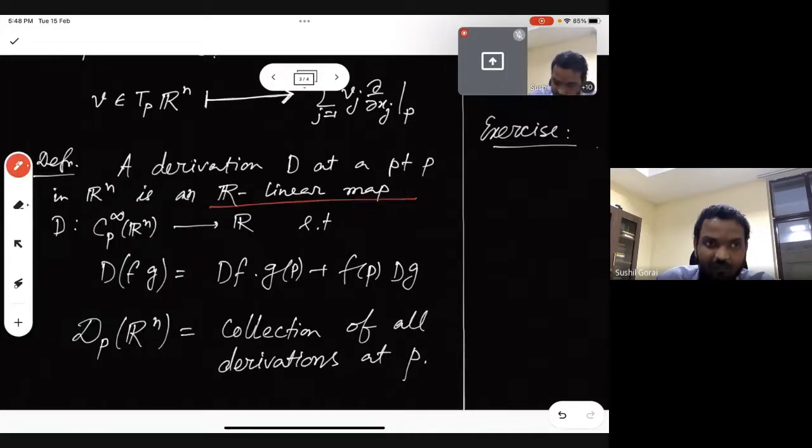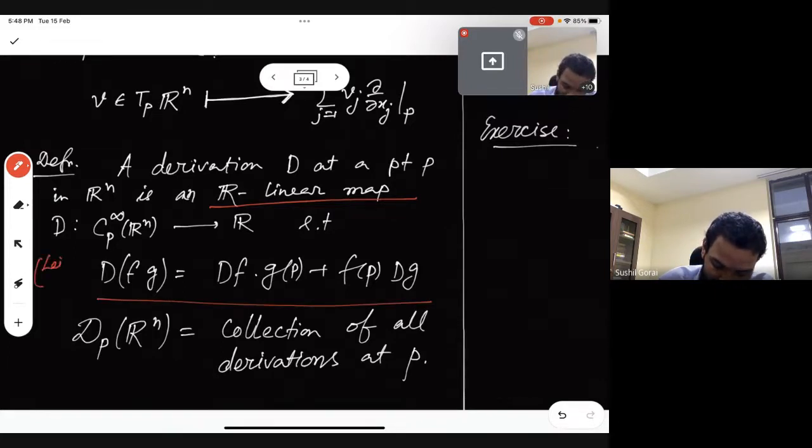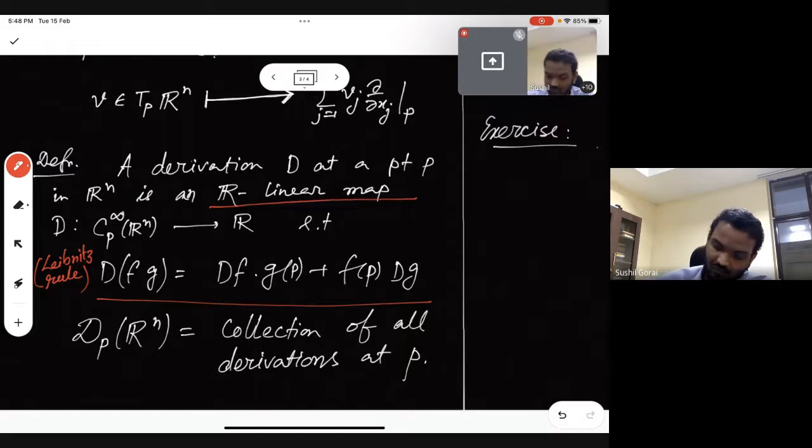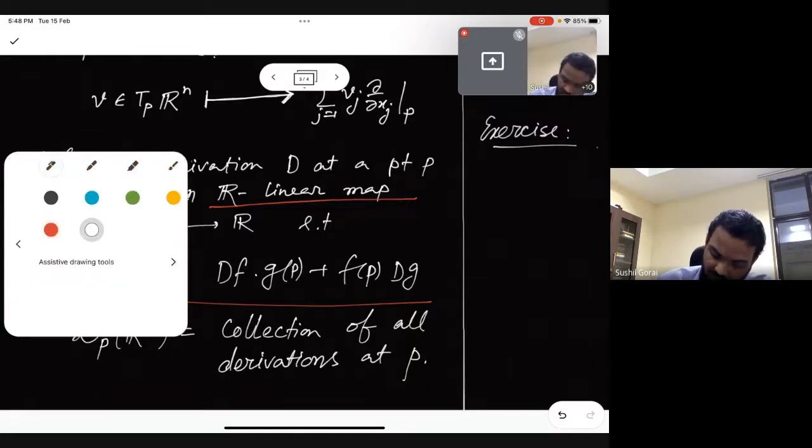This is our linear map, and this satisfies this property. So this is the Leibniz rule. So R-linearity and Leibniz rule. All right. Any question?